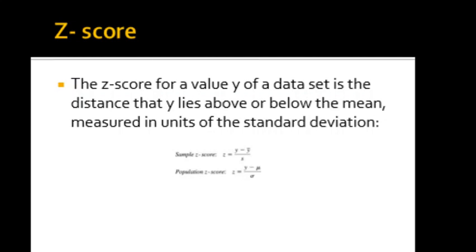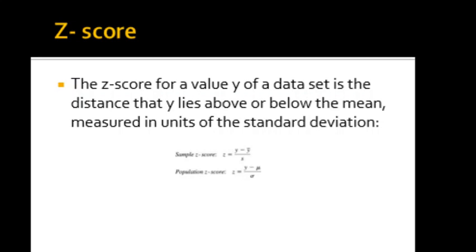So is it 1 standard deviation away from the mean? Is it 1.2 standard deviations away? If it's less than the mean, then the z-score value will be negative. So when I say the z-score is negative 1.5, that means it is 1.5 standard deviations away from the mean on the left hand side.